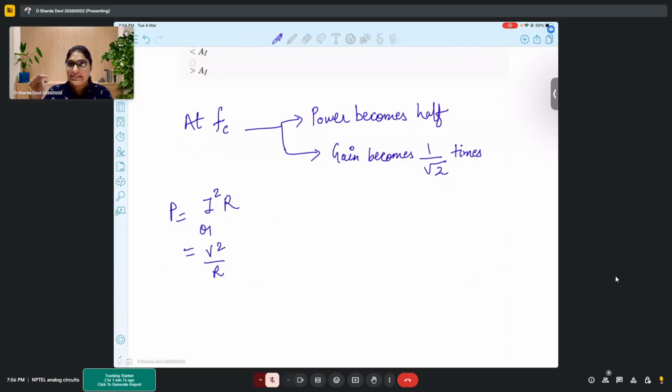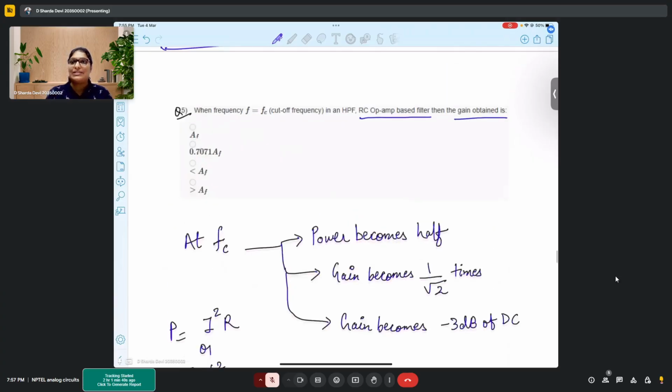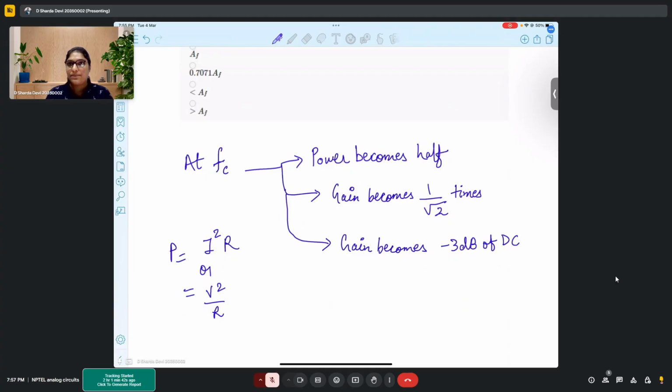Whatever the DC gain is, if you want to calculate the exact gain value, it will become 1 by root 2 times. And in dB scale, the gain becomes minus 3 dB of DC gain, because when you take the log of 1 by root 2, you get this minus 3 dB value. So 20 log root 2 gives you 3 dB.